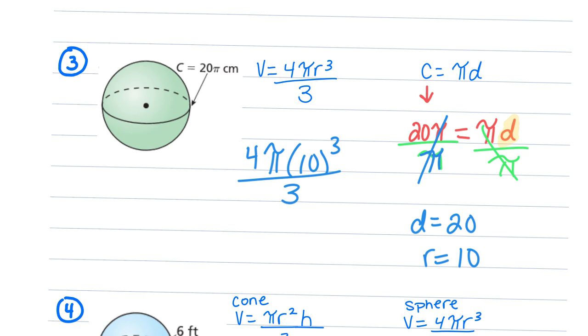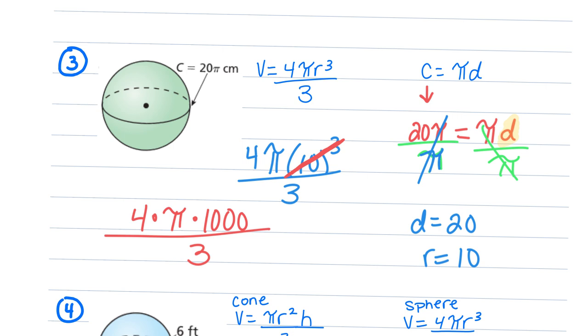Now, you don't really even need to put 10 to the third power in your calculator. 10 to any power is just a 1 with that many zeros. So 10 to the third is a 1 with 3 zeros, which is 1,000. So we end up with 4 times pi times 1,000 divided by 3. So let's put that in our calculator. What's the point of writing all the extra stuff?